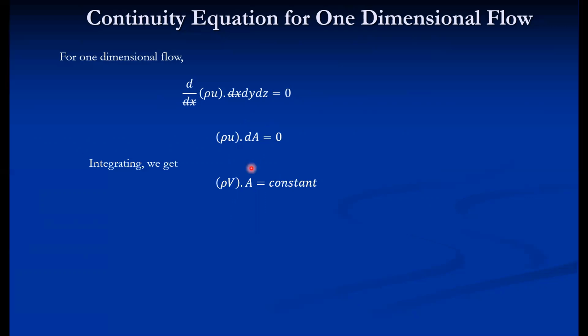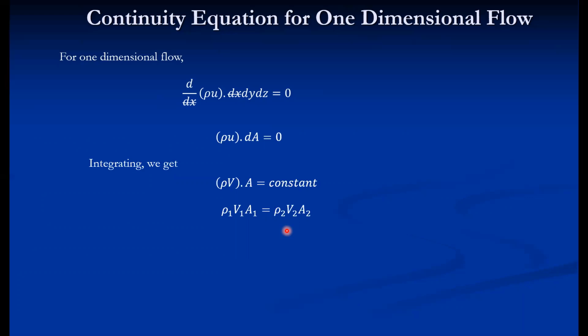The differential term is converted into an integral term. That is, rho v A is equal to constant, or we can say the mass flow rate at 1 is equal to the mass flow rate at 2. That is, rho 1 v1 A1 is equal to rho 2 v2 A2. That's why it is called the law of conservation of mass.